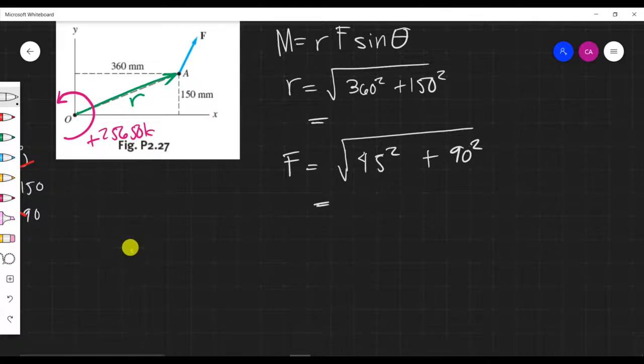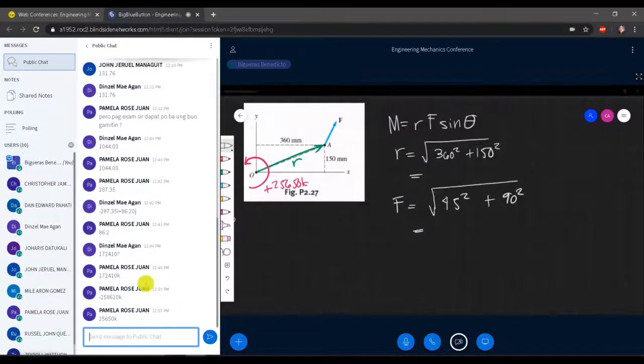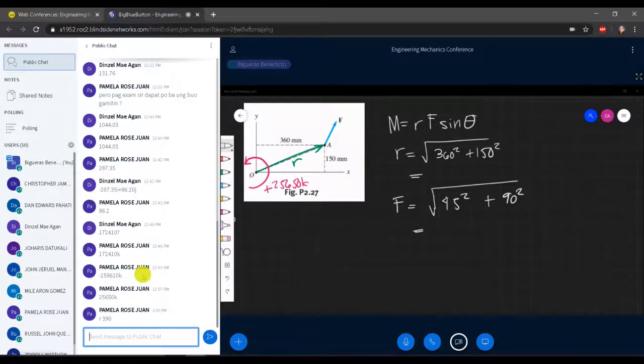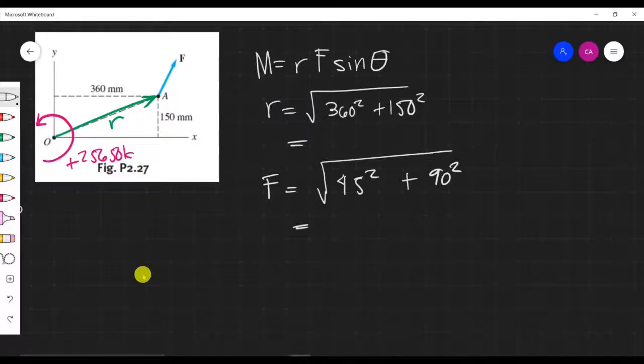So, what is R and F? Kailangan natin makuha yung magnitude R and magnitude F. R muna. 390. So, this is 390 daw. 390 millimeter.